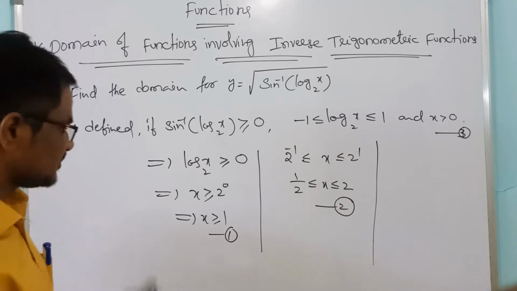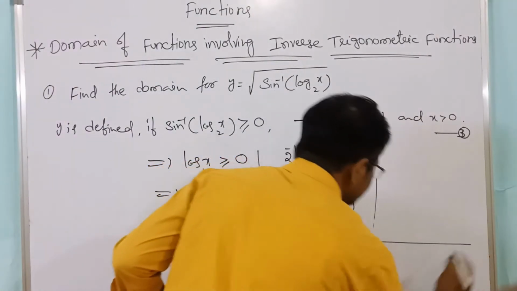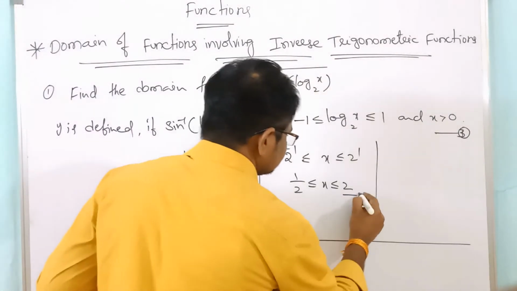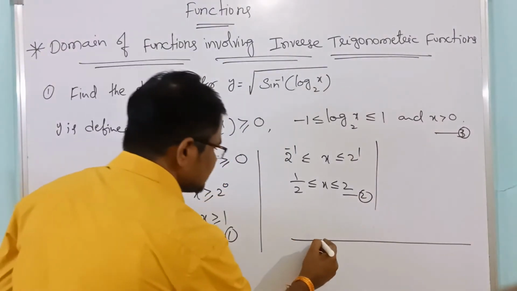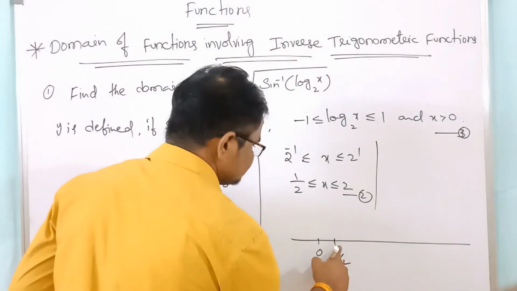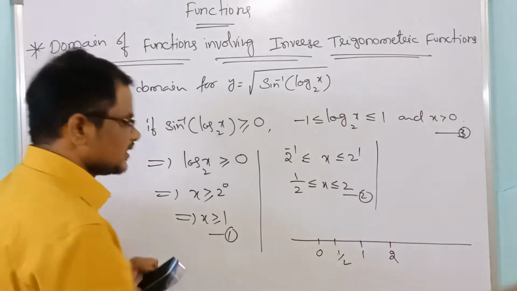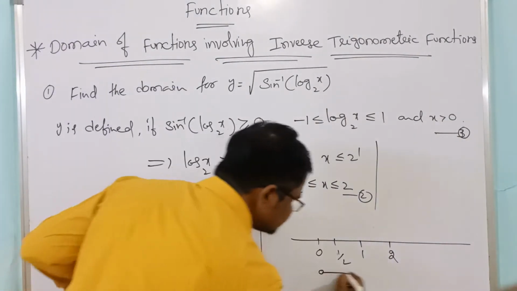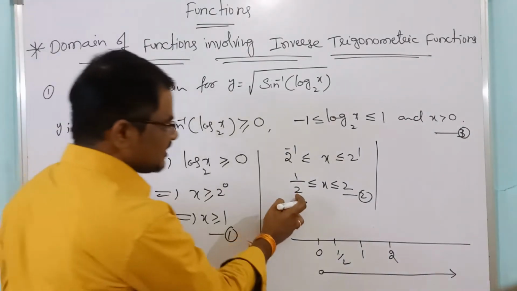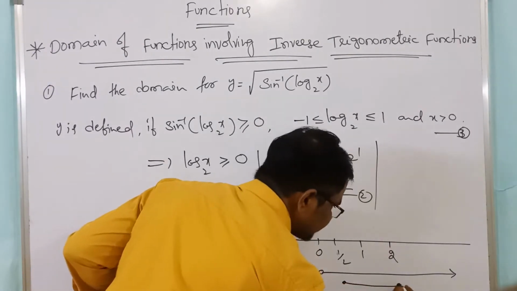Now here, if you take 0 and 1 by 2, 1 and 2, this is greater than 0. Next, the closed interval 1 by 2 to 2.